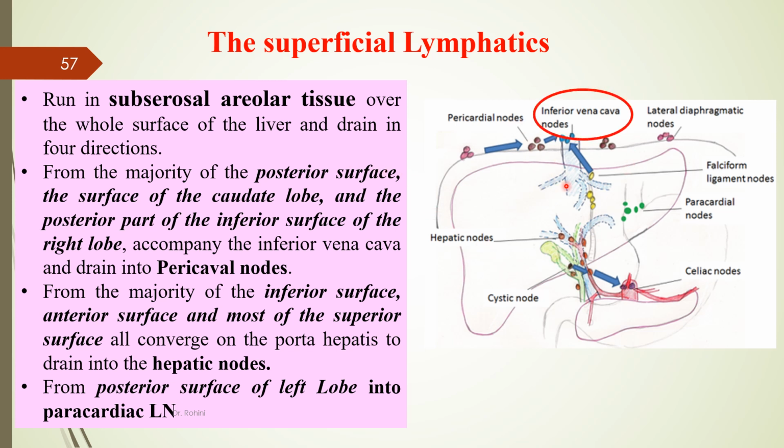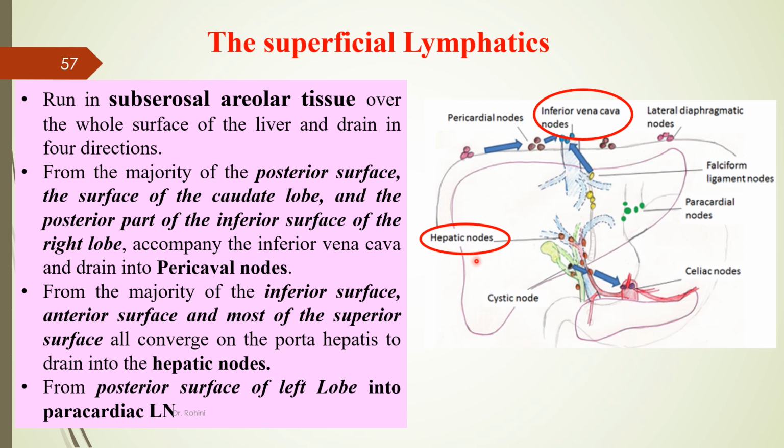One is the one which drains the posterior surface, caudate lobe, and posterior part of the inferior surface of the right lobe. It goes to the pericaval lymph nodes or inferior vena cava nodes. Most of the inferior surface and anterior surface and most of the superior surface drain into the lymph nodes in the porta hepatis, called hepatic lymph nodes.